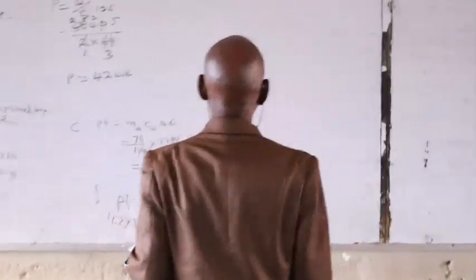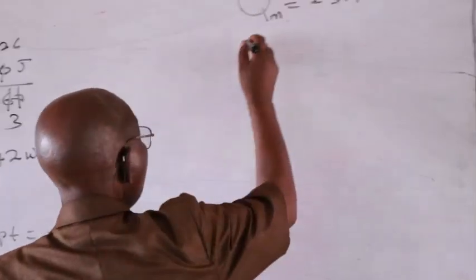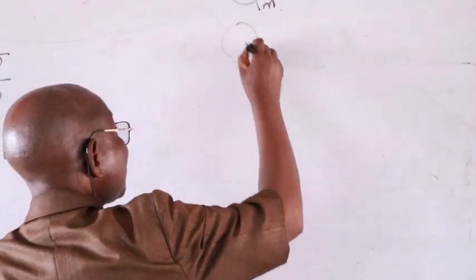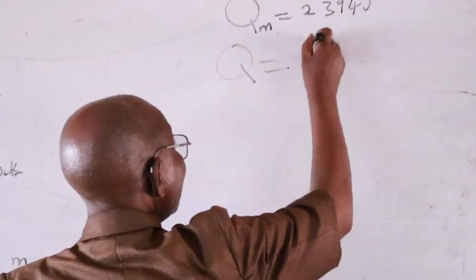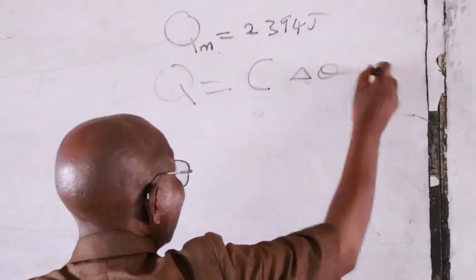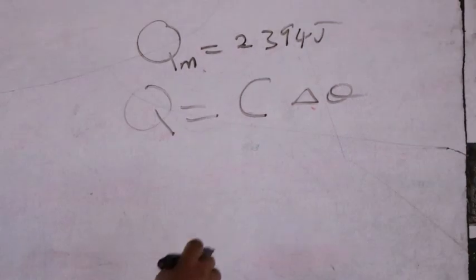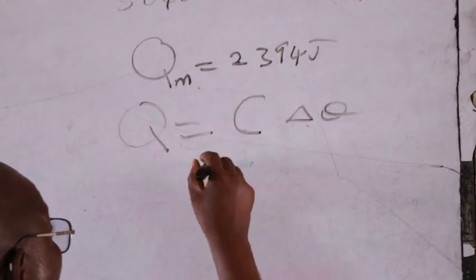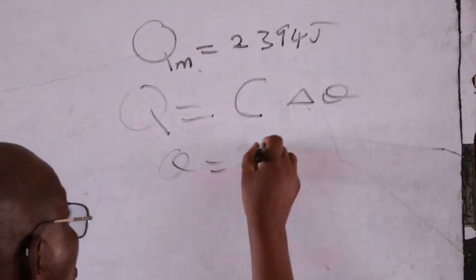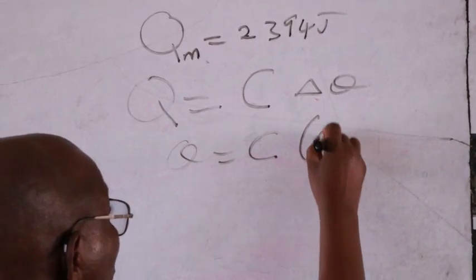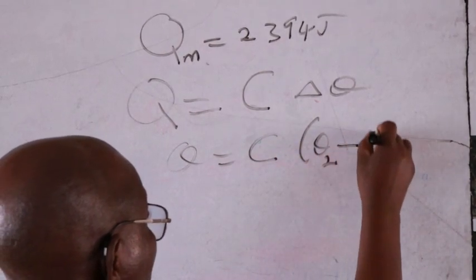This formula was given to you at the beginning of the class: Q equals C delta theta, or you write Q equals C into theta 2 minus theta 1.